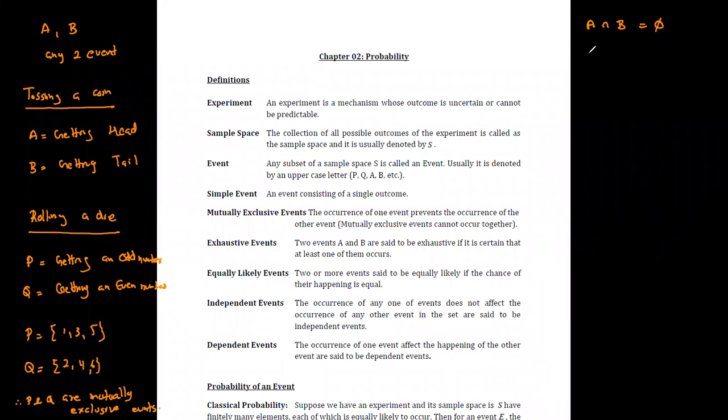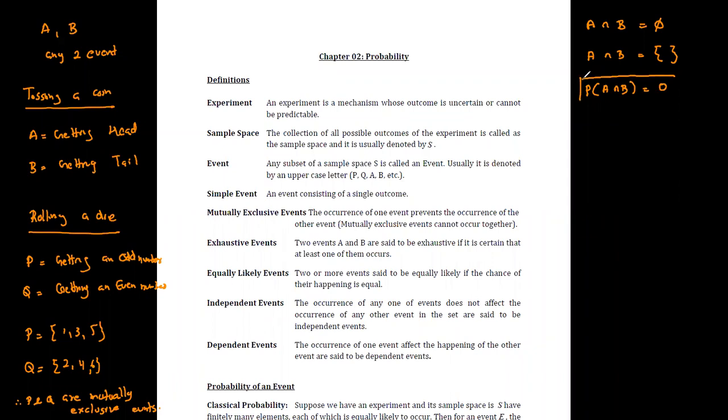If you write down the elements in the set A intersect B, we will have an empty set. Therefore, for any two mutually exclusive events, the probability of A intersect B will be equal to 0.